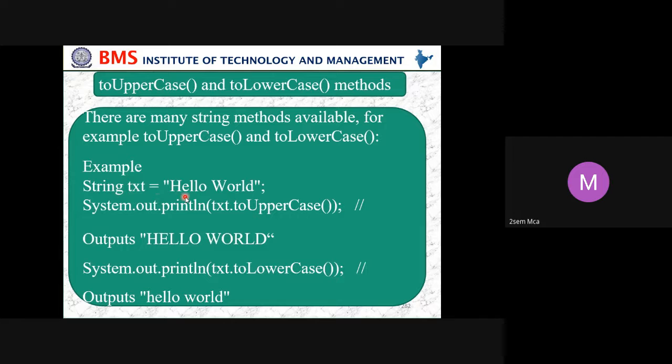We have stored Hello World in a variable called txt, and the data type we have stored it as is String. And we want to convert this to uppercase. So what we have done is txt.toUpperCase. You can see here U should be capital, C should be capital. So whenever you are using these built-in methods, I repeatedly say Java is case sensitive.